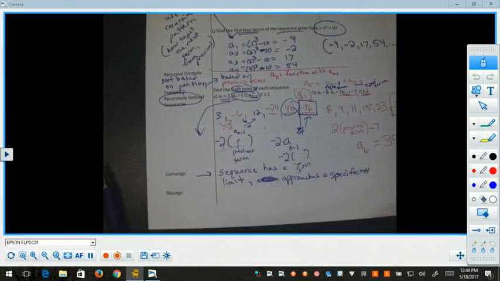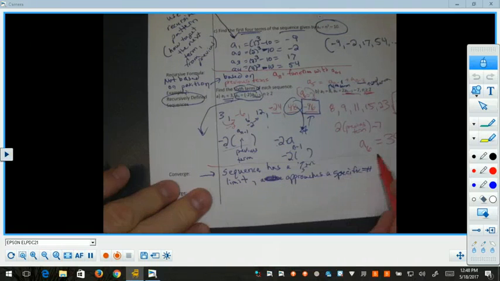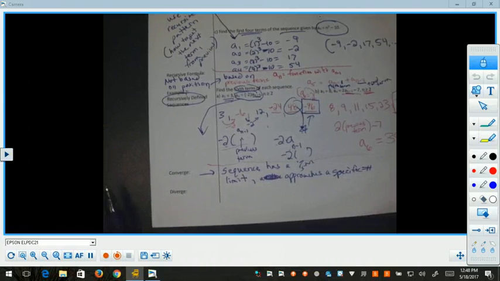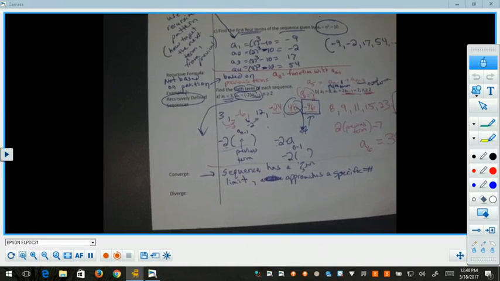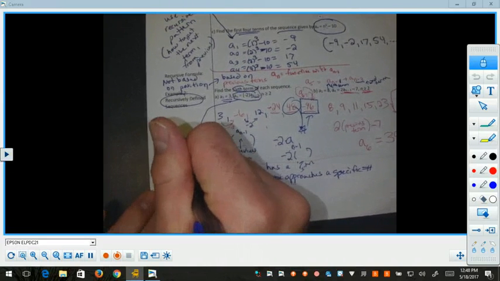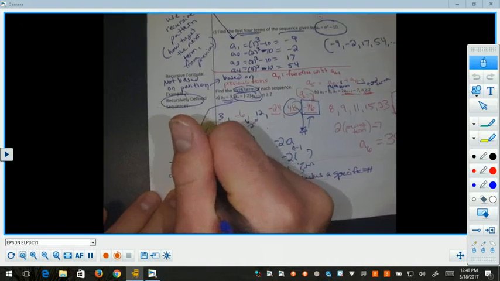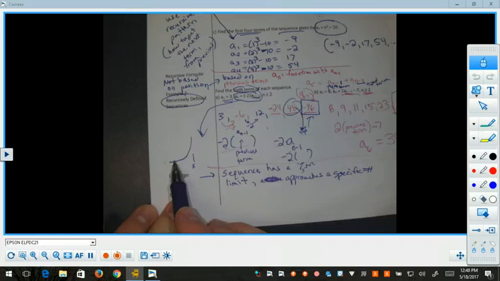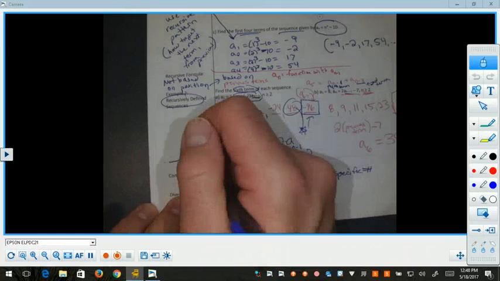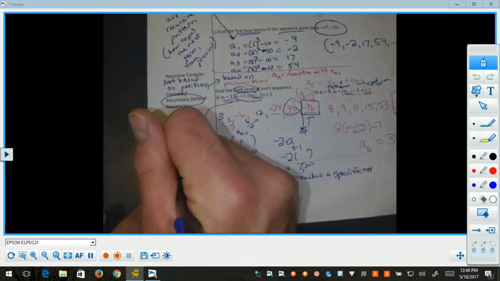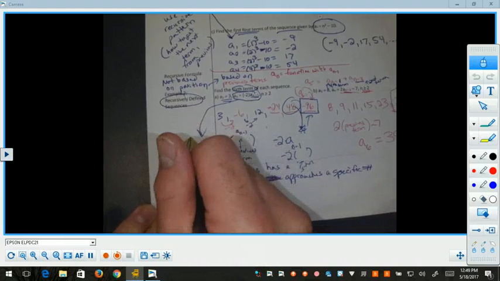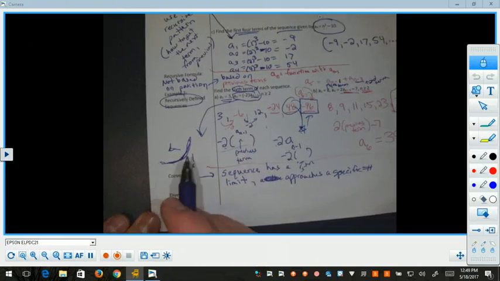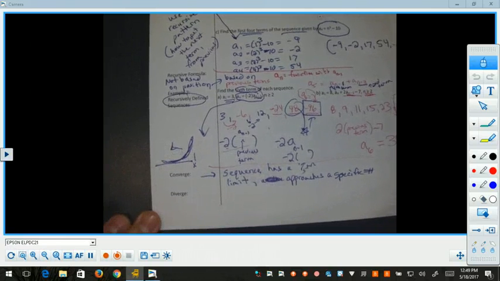What we've had limits with, when we first started, even in pre-calc, we started with limits, is we looked at rational functions. As I went in a negative direction on x, as I got more and more negative values for x, we saw that it approached a specific y value, a specific output.